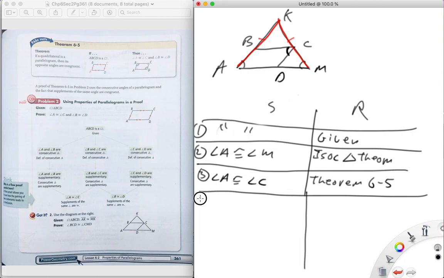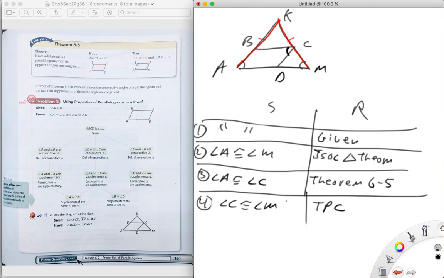Then I can say that angle C is congruent to angle M, transitive property of congruency.